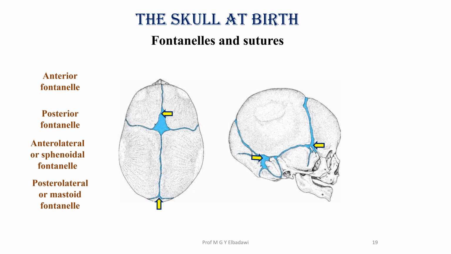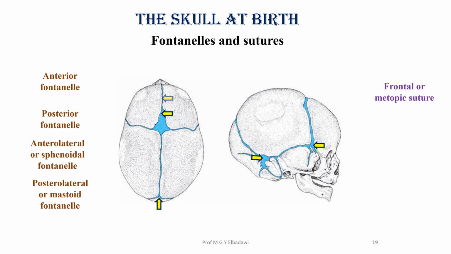These are the major fontanelles here. All of them will disappear by the age of 3 months, between birth and the 3rd month, except the anterior fontanelle, which will remain until the age of 18 months, and this is used for follow-up of the growth of the child, and it has a lot of uses.